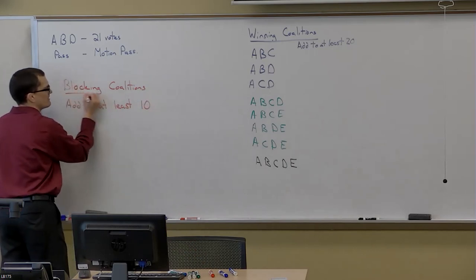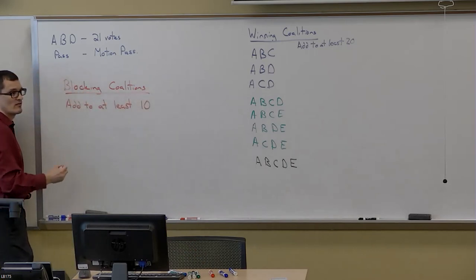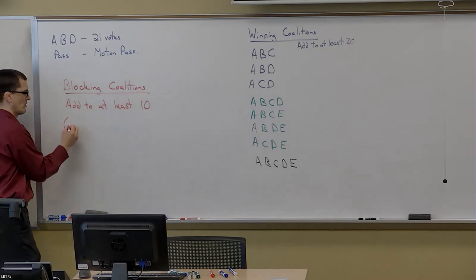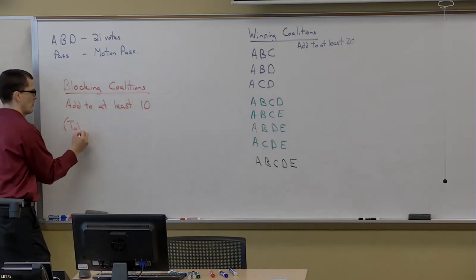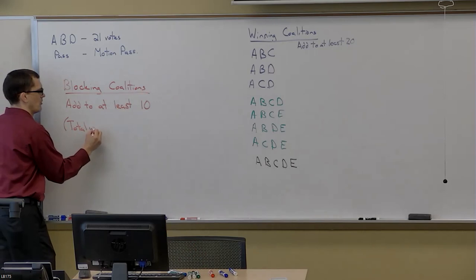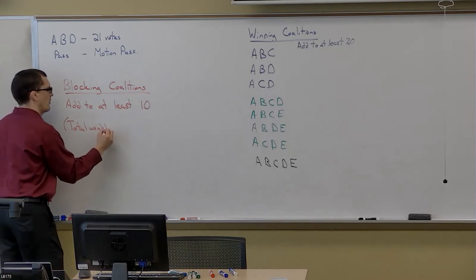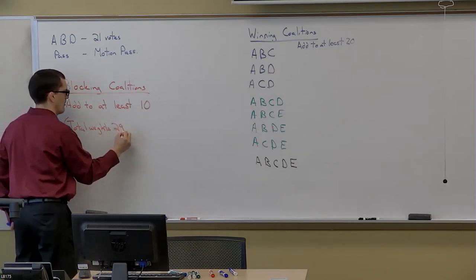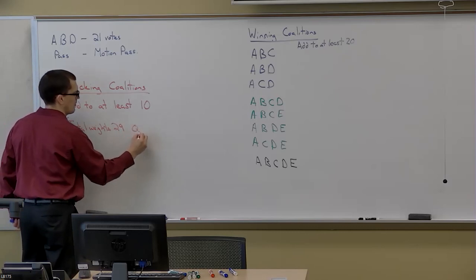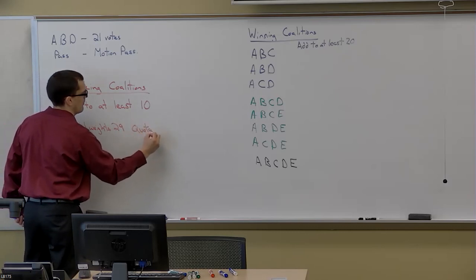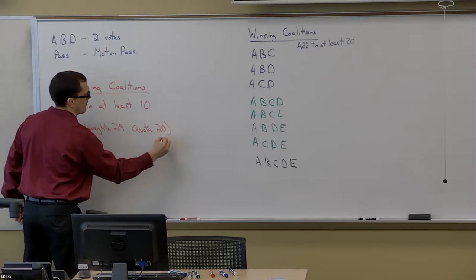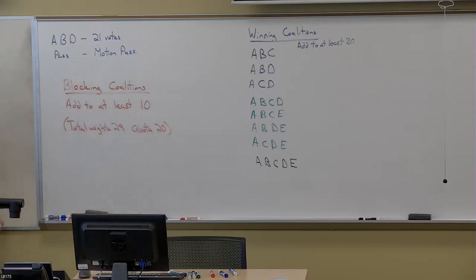Everybody understand why it's 10? In order for you to not get the quota of 20, 10 people have to vote against.